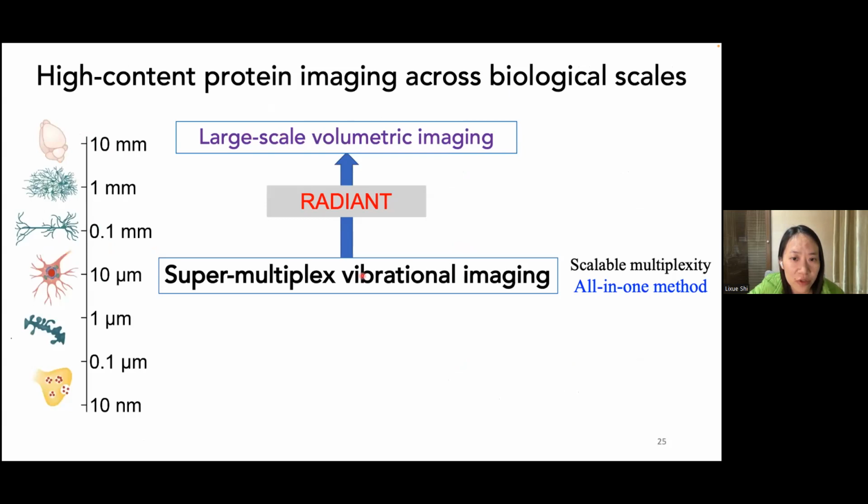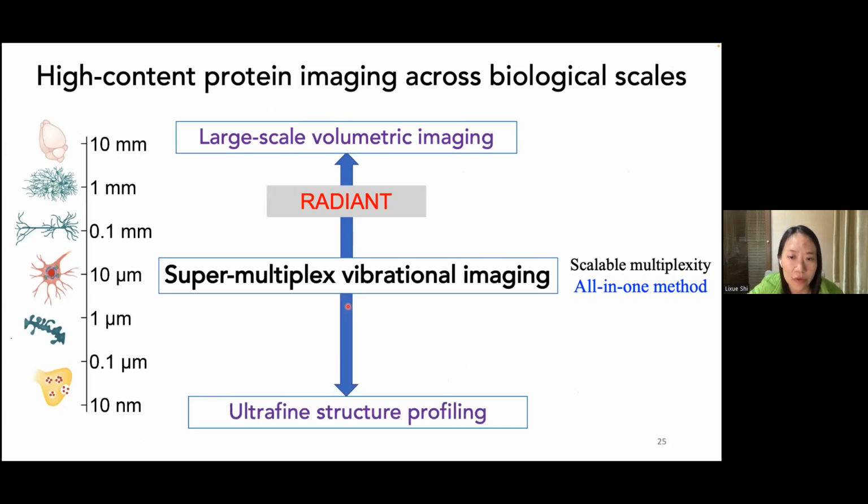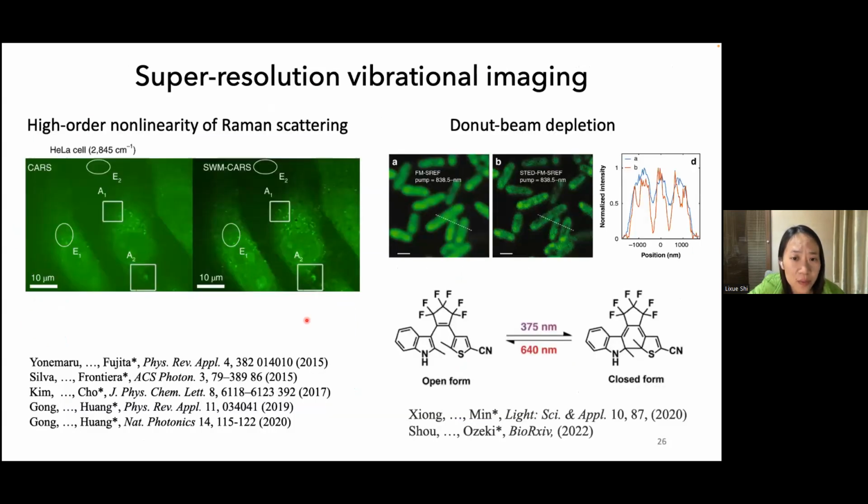In contrast to going large, another direction where we see unique advantages of our method is pursuing higher spatial resolution. We also developed a method called MAGNIFIERS, coupling SRS with expansion microscopy for profiling ultra-fine nanoscale structures. As we introduced at the beginning, as an optical technique, SRS microscopy is still constrained to diffraction-limited spatial resolution at around 300 nanometers.